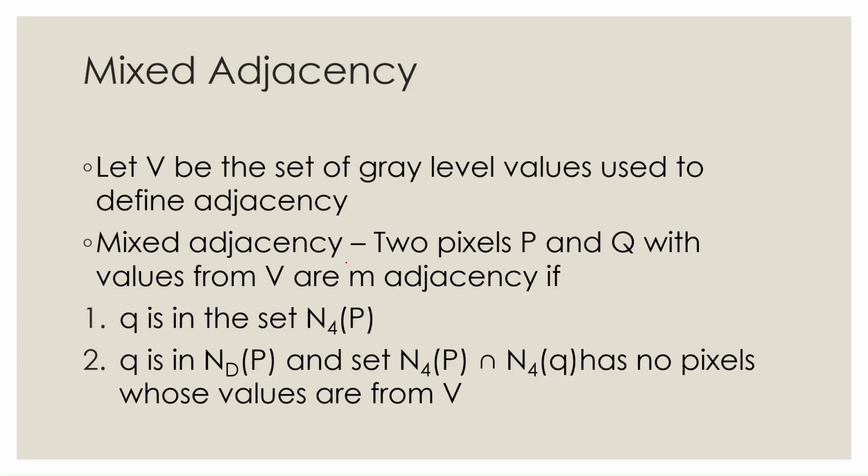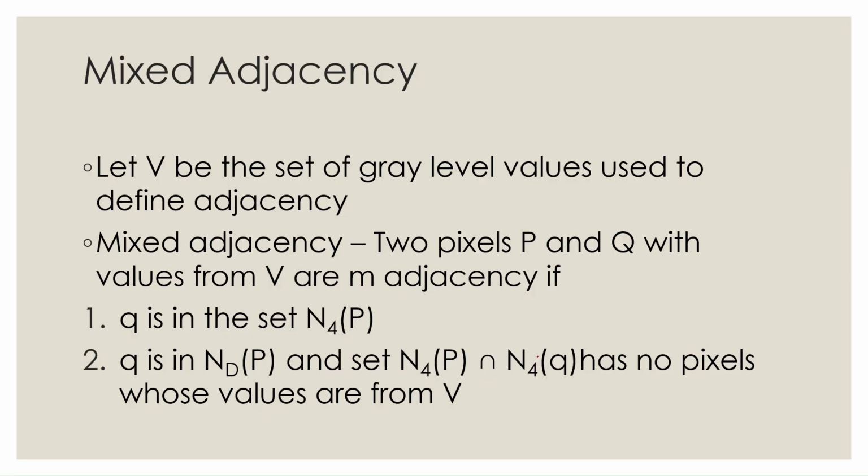The first condition is Q is in the set N4 of P. The second condition is Q is in the diagonal of P and the set N4 of P intersection N4 of Q has no pixel whose values are from V.